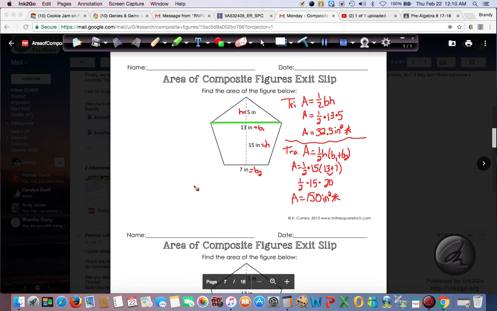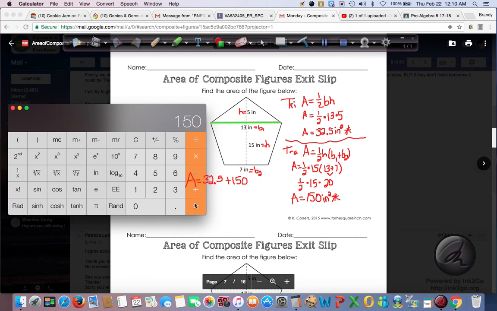So to find the area of the big shape, right? Not the area of the triangle or just the trapezoid separately, but together we're going to say 32.5, that's our triangle, plus 150. So let's grab our calculator one last time and then we will be done.